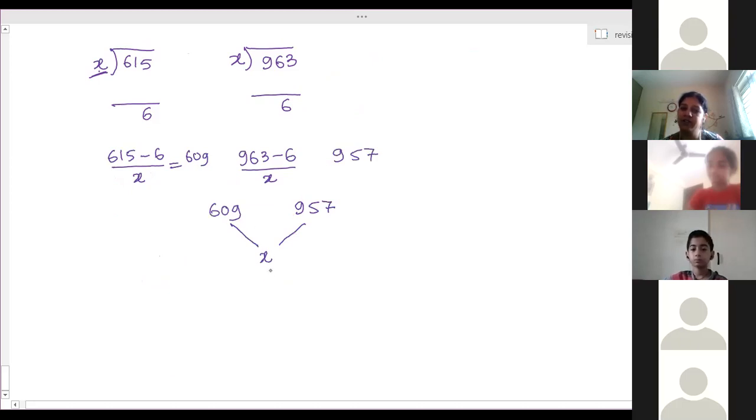These two numbers are divisible by X, so X is the HCF of 609 and 957.